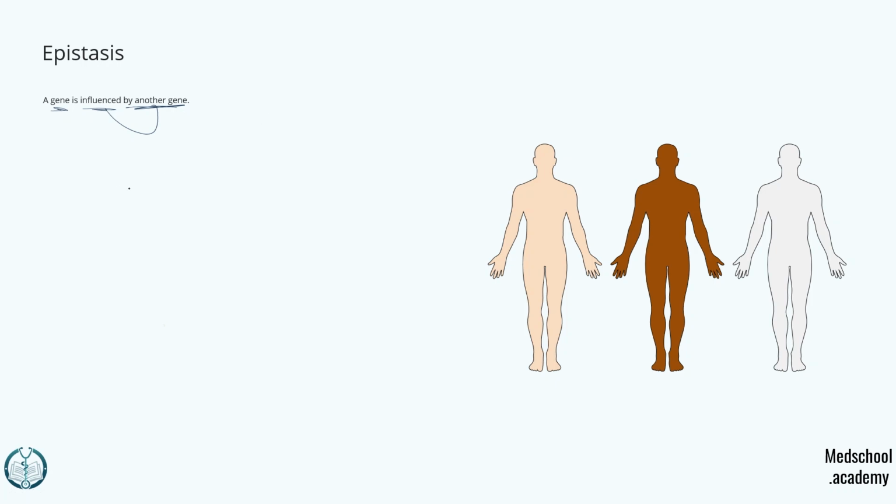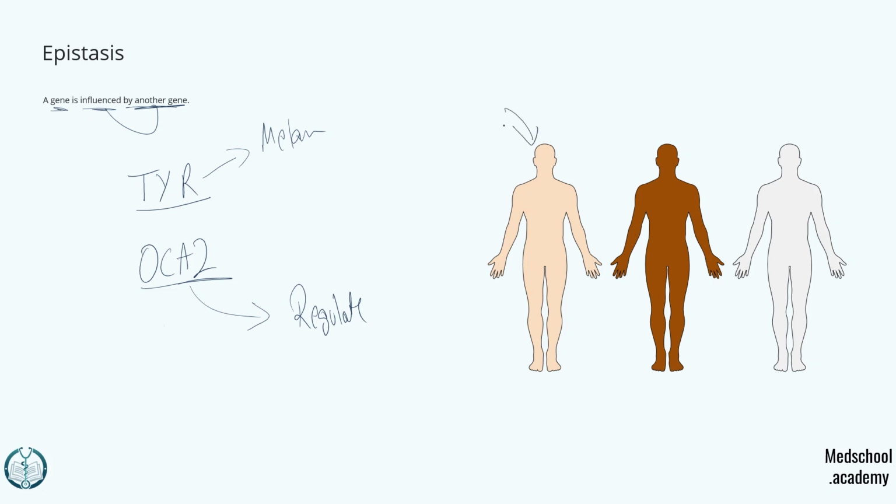So, for example, let's take two different genes right here, the TYR and OCA2 genes. The TYR gene helps with the production of melanin, and melanin will determine the complexion of your skin, if you're going to have fair or darker skin, and that is decided by the OCA2 gene, which helps regulate the amount of melanin being produced.